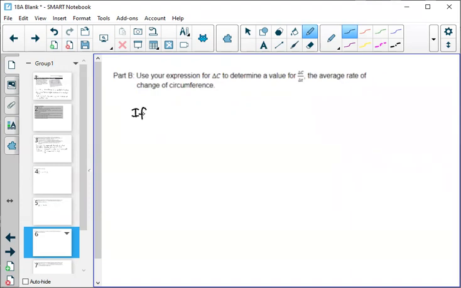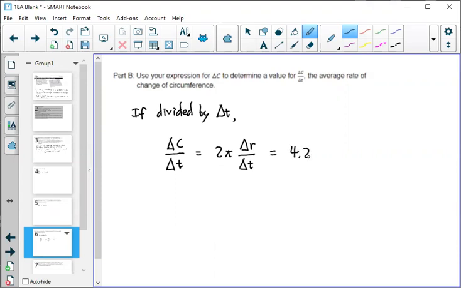So if we think about this, divided by delta T, so we have delta C over delta T equals 2 pi delta R over delta T, which is 2.1 pi.